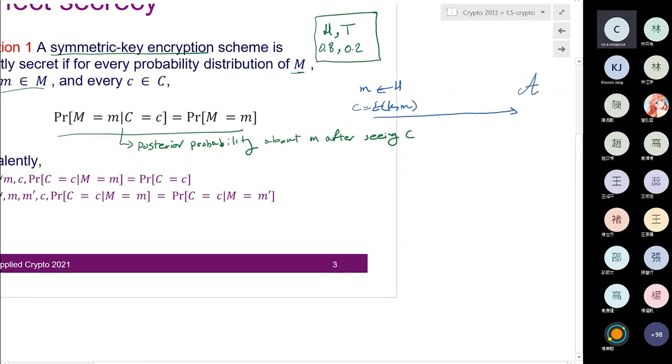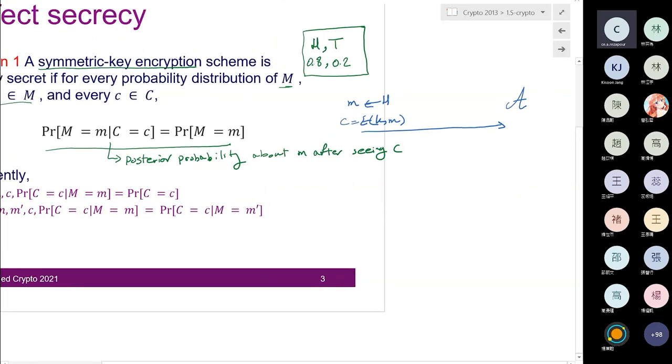What we are saying is that the distribution of the message itself, how many times head or how many times tail comes, is known to the adversary. So that means that given this extra piece of information, C, the encryption of this message does not provide any extra information to the adversary other than what he knew in the first place.